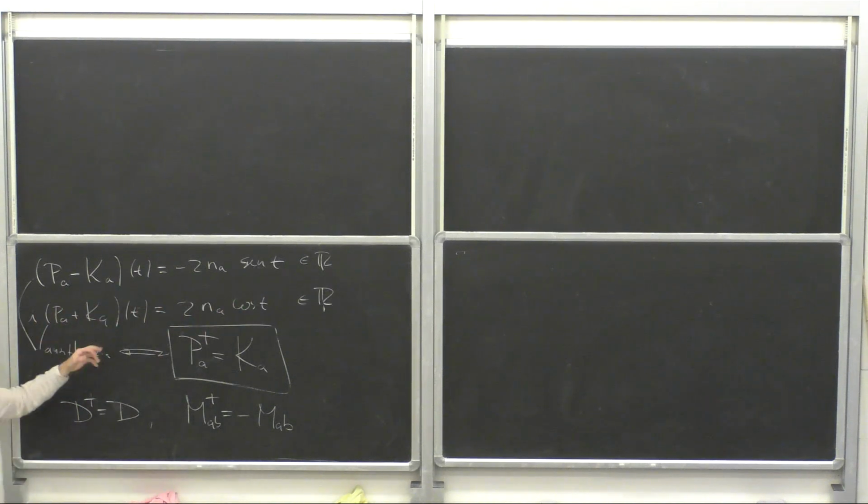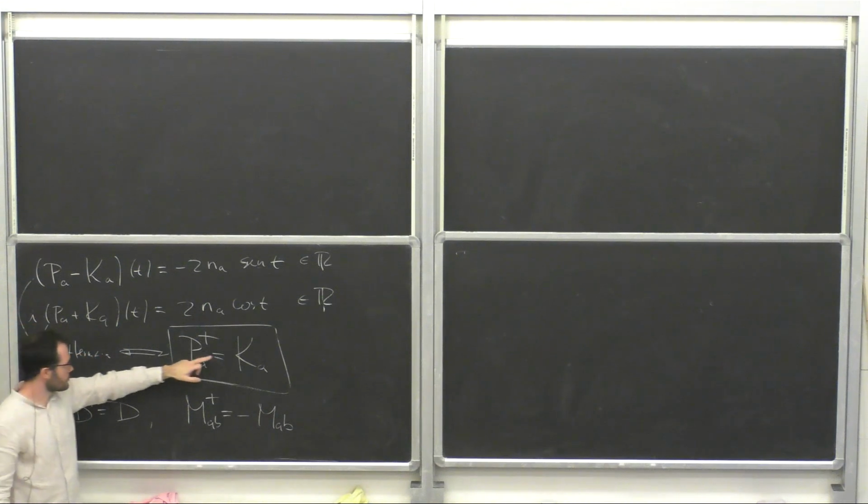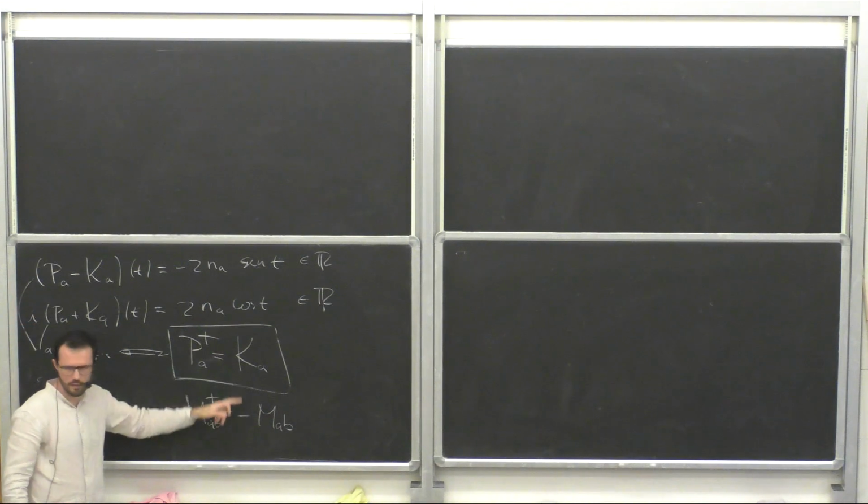I didn't show that they also preserve the angular coordinate, but it's true. So these two are vector fields which are symmetries of the Lorentzian theory, and therefore their exponentials are unitary operators, and therefore they themselves are anti-Hermitian. This being anti-Hermitian is equivalent to P_A dagger being K_A.